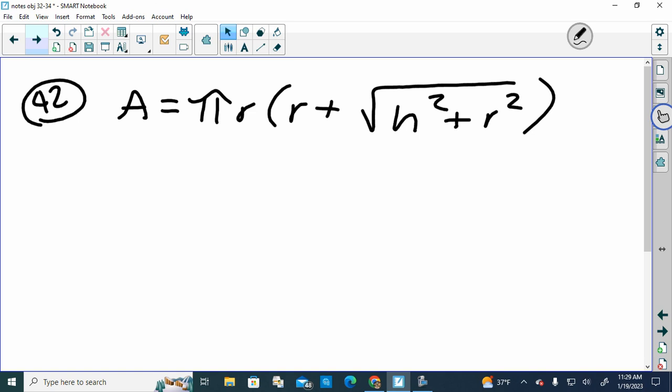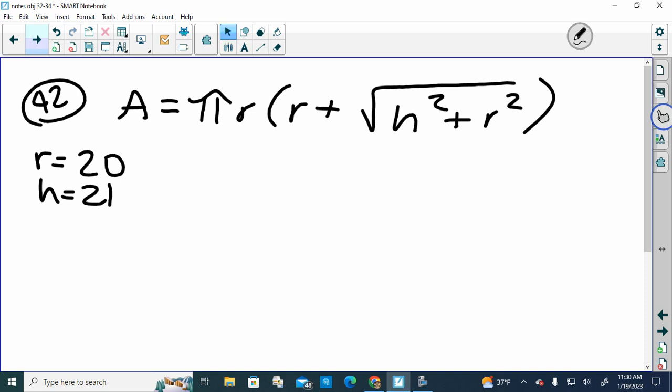Okay, so again, we have R's and H's. We just need to know those 2 numbers and which is which. If you look at your story problem, number 42, what is the R? 20. What is the H? 21. This one we're leaving it in pi because they tell you to plug in 3.14. We get to that. This is when we start learning about our order of operations. I'm just going to replace this now with my H's and my R's.